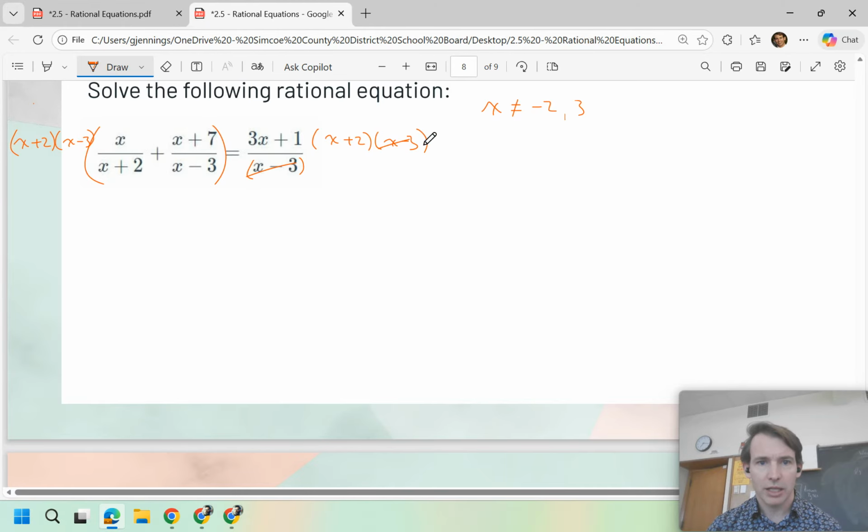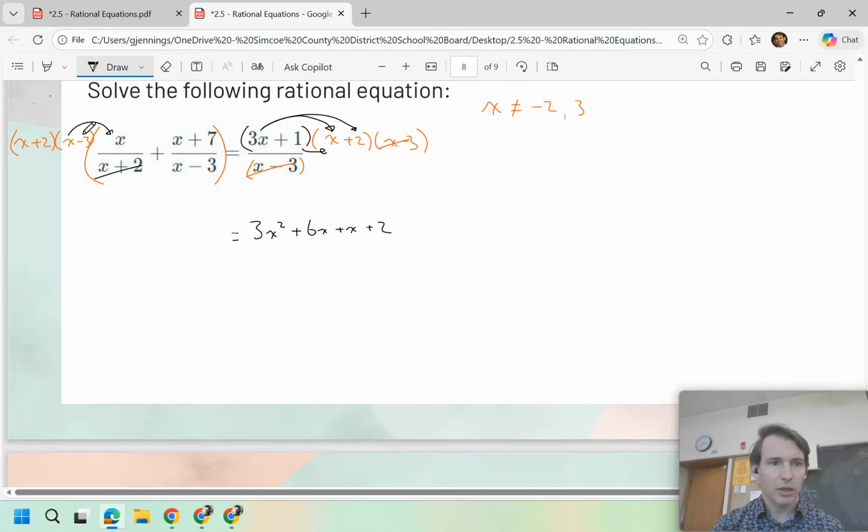So on this side, I get those cancel, and then after we've done that, we're going to have over here 3x times x is 3x squared, because we're distributing here. 3x times 2 is 6x. 1 times x is x. And 1 times 2 is 2. That's what's left over on that side. But over here, the x plus 2 cancels this one, and I have to distribute this.